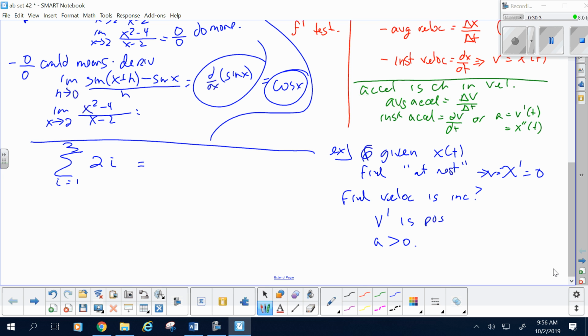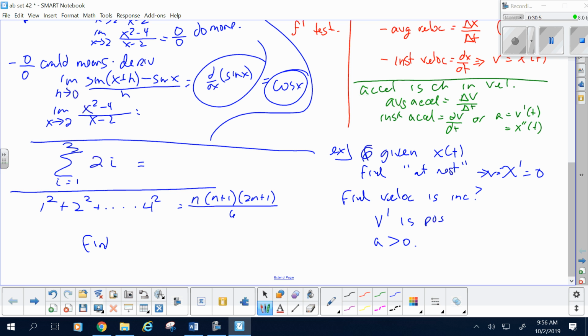That should be doable with or without a calculator. You've also seen something like, hey, I'm telling you that the sum of squares can be found by this formula. Find the sum here.